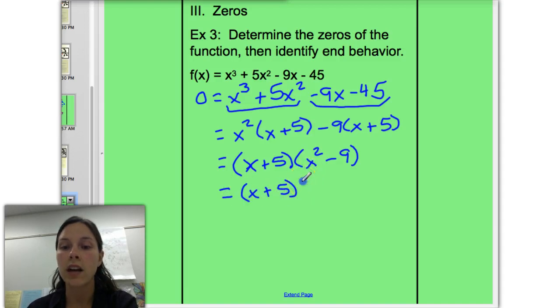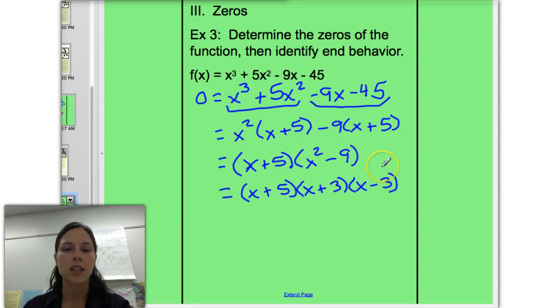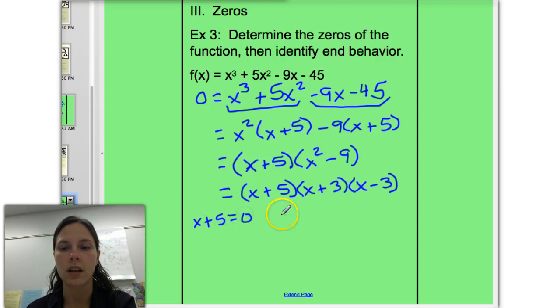So we looked at factoring review in the appendix chapter, unit A. If you need some additional help remembering all of the different types of factoring, please come in and see me sometime. All right, so to determine the zeros, remember all of this is equal to 0. So now that we have it in factored form, we use our zero product property and we set each term equal to 0 to solve.